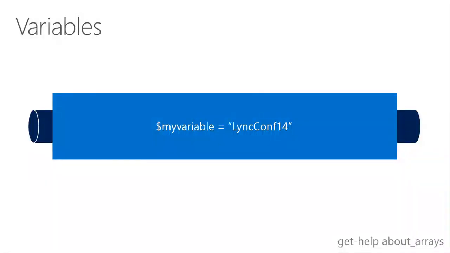So we have variables. For example, a variable will be a collection of objects. In this case, it's just a straight string. If you can type those variables, it is better, especially when you're writing scripts. So in this case, I'm saying this is always a string. So if I tried to put in, say, get CSUser into my variable, it would fail.